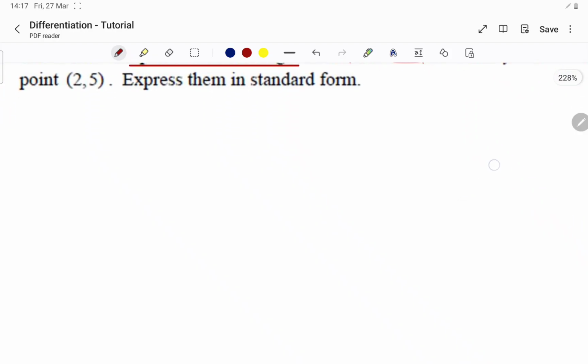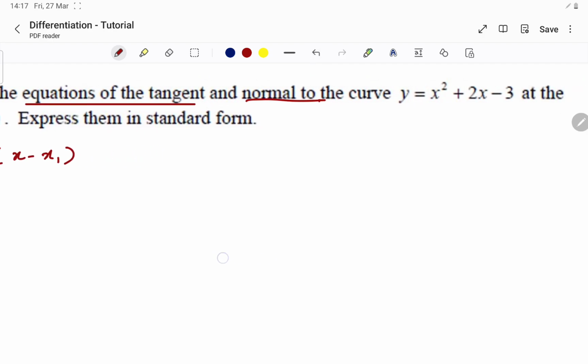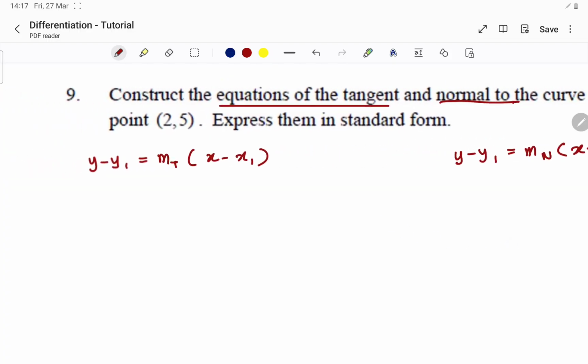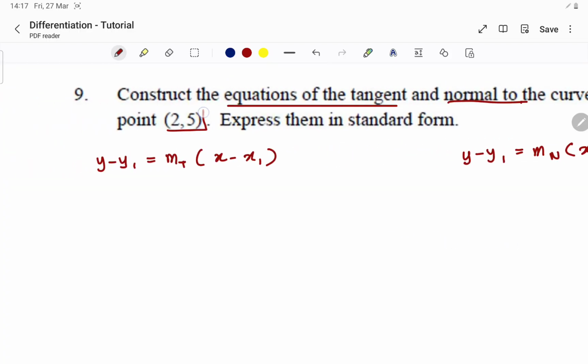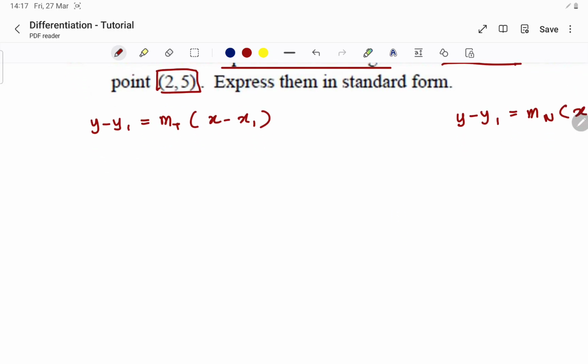So equation of tangent, by right y minus y1 equal to mt x minus x1. Okay, for normal, y minus y1 equal to mn x minus x1. So x1 and y1 we already got here. Okay, do we have mt and mn? We don't have, so we have to find.